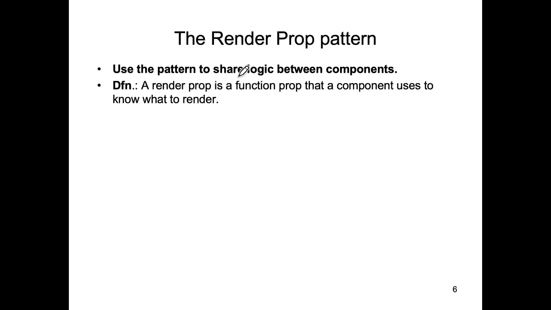So for the render prop pattern, first of all, we need to explain what a render prop is. A render prop is a prop that is a function, but when that function is invoked, what it returns is a component or JSX, and so it's going to display whatever that JSX specifies. So a render prop is a function prop that a component uses to know what to render.